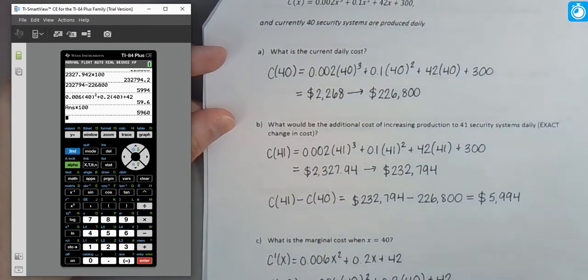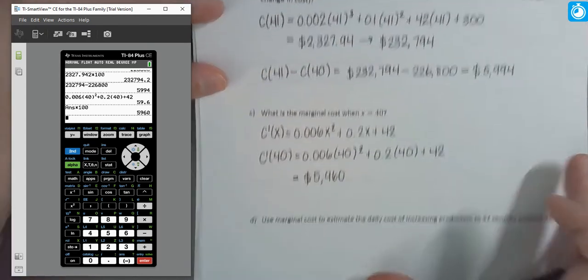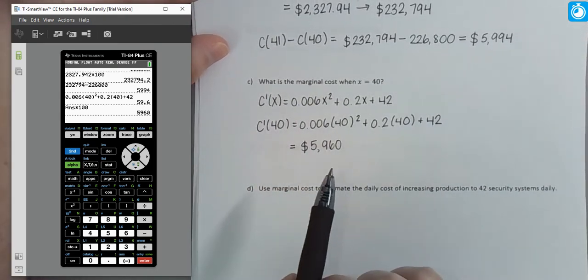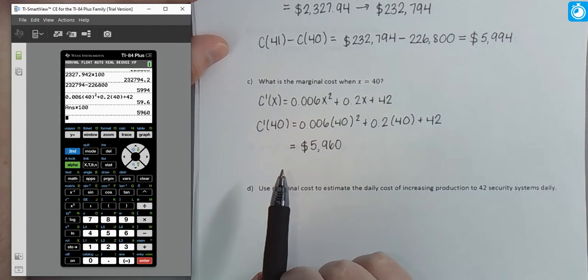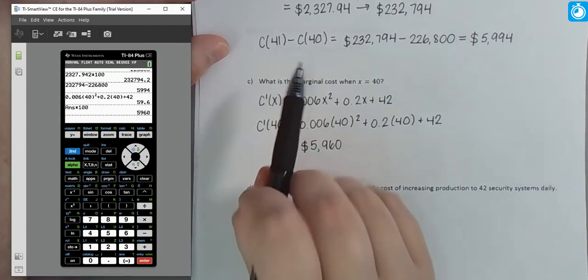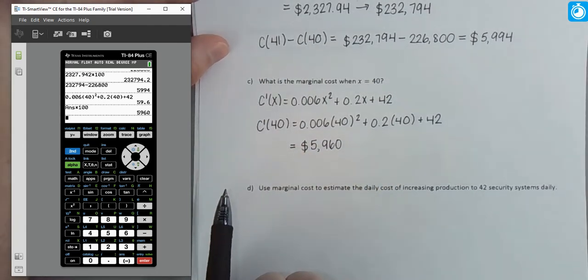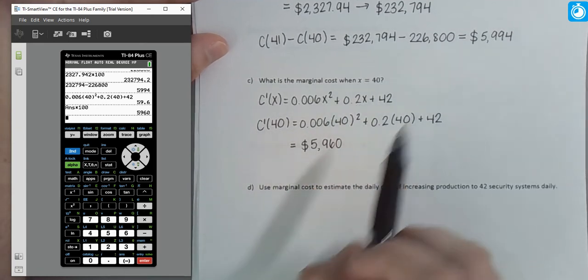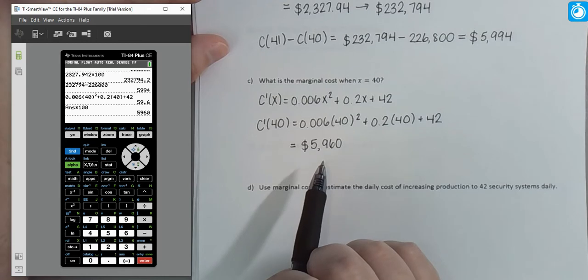So it is a multi-step process, whereas here we find our derivative, which then gives us a formula for calculating the difference for any pair of values to go from one unit to the next. And then we just evaluate our derivative at the current level, and that tells us how much we'd add on to go to the next level.